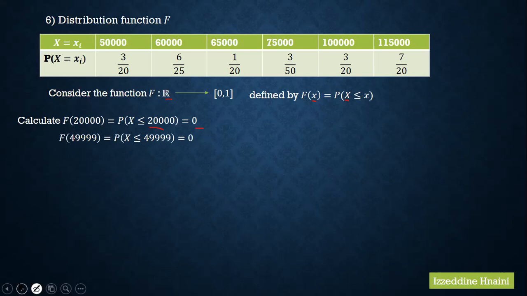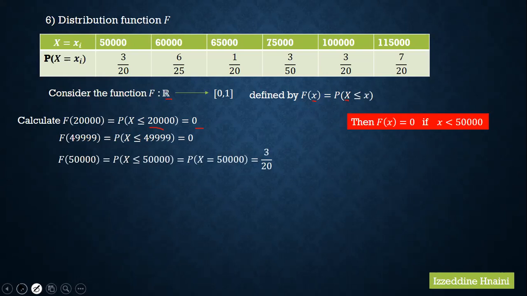Similarly, F(49,999) is the probability that X is less than or equal to 49,999, which is impossible, so it is 0. So the distribution function is equal to 0 if x is less than 50,000.